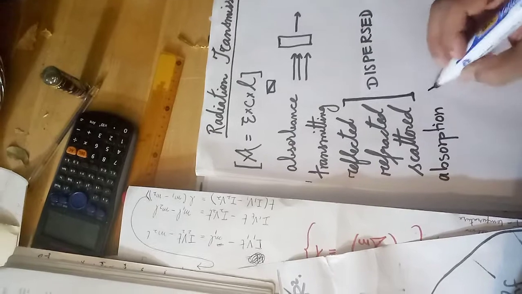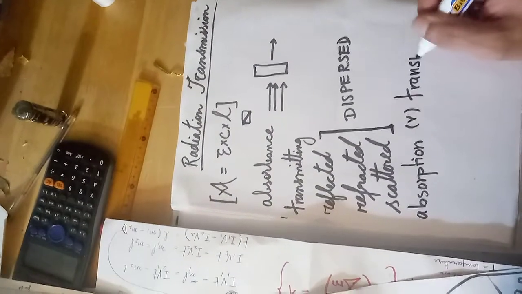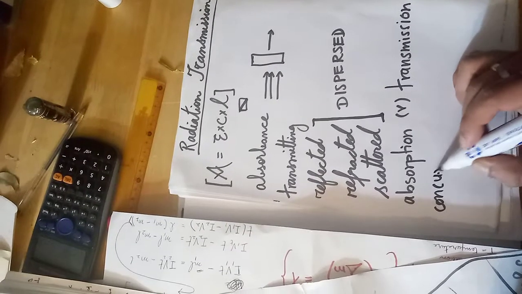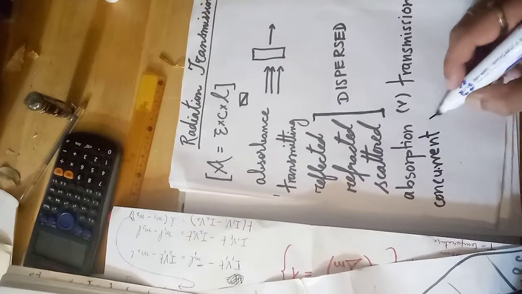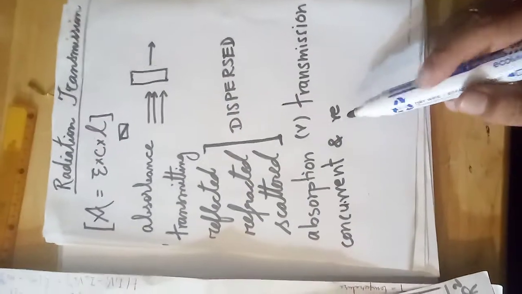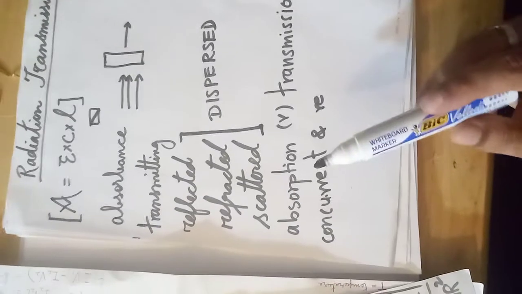But absorbance, transmittance, absorption versus transmittance are rectilinear and concurrent, because the formulaic relationship of transmittance is logarithmic and absorption is logarithmic in nature as well.